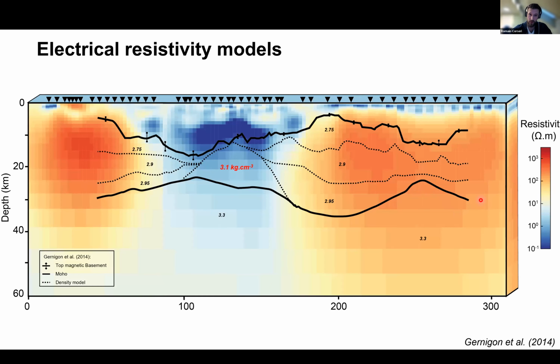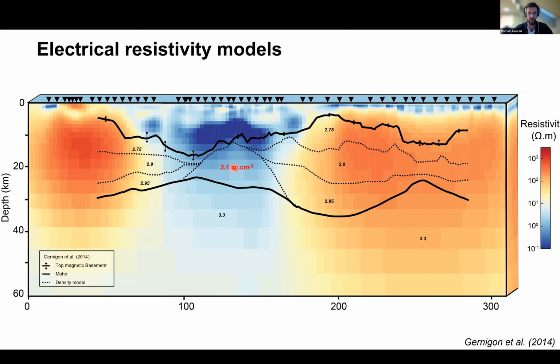As I was showing you earlier, the density derived from gravity data shows that in the upper mantle you have quite a dense value. So is this density value of 3.1 kilograms per cubic centimeter compatible with serpentinized upper mantle?